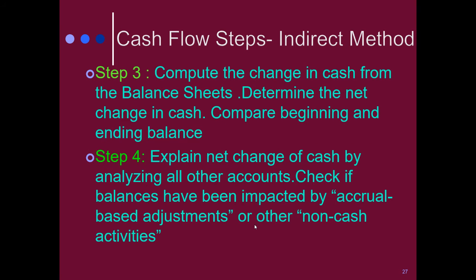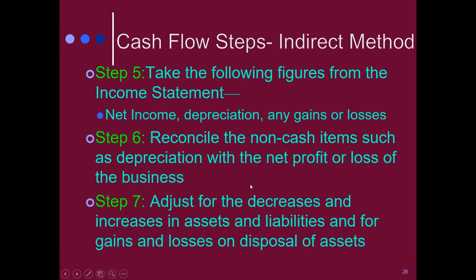Okay, then compute the changes in cash from the balance sheet. Determine the net change in cash. Compare beginning and also ending balance. Then you will start to explain the net change of cash by analyzing all other accounts. Check if the balances have been impacted by accrual-based adjustment or other non-cash activities. Then take the following figures from the income statement. Start with the net income, depreciation, or any gains or loss.